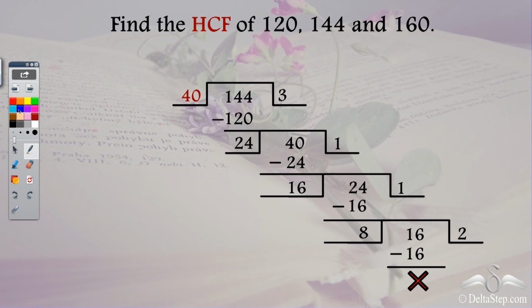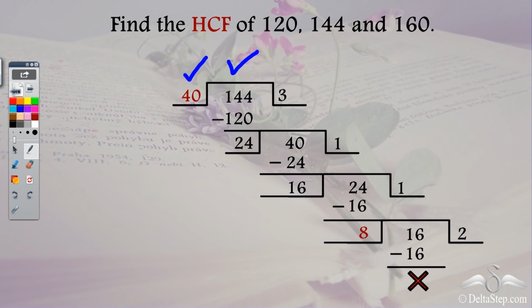And what will be the HCF? The HCF is the divisor of the last step. Which is the last step? This. What is the divisor of the last step? 8. So 8 is the HCF. 8 is the HCF of what? 8 is the HCF of 40 and 144.